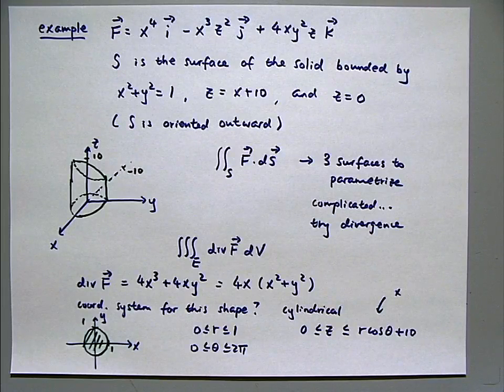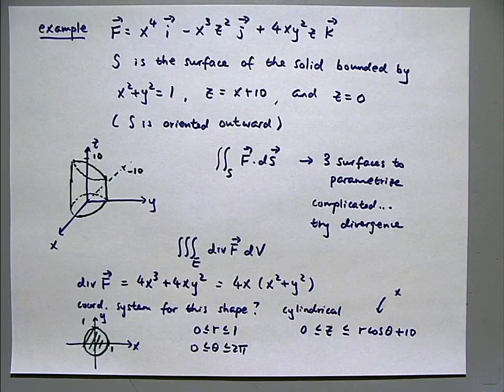And the divergence of f, let me write it here, turned out to be 4x times (x squared plus y squared). In Cartesian, that's not too bad, but in cylindrical, it's even better, because 4x is 4r cosine theta. And what's x squared plus y squared? r squared, right?